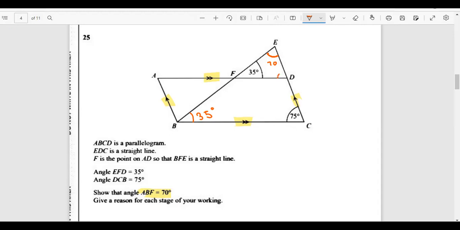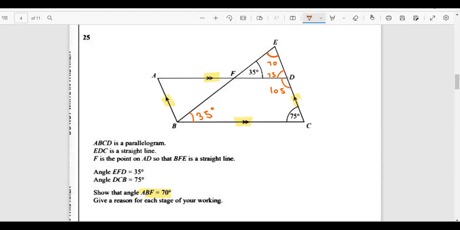This one? Yes, very good. That means the other side of D would be 105 because it's a straight line. Just underneath it. Yes, so this would be 105.